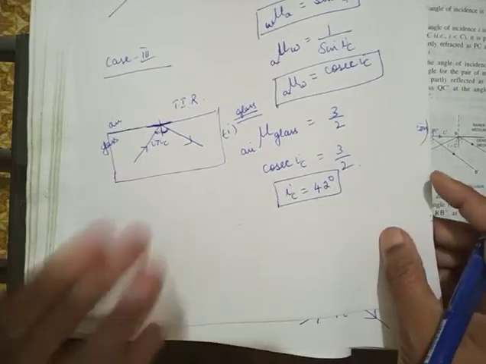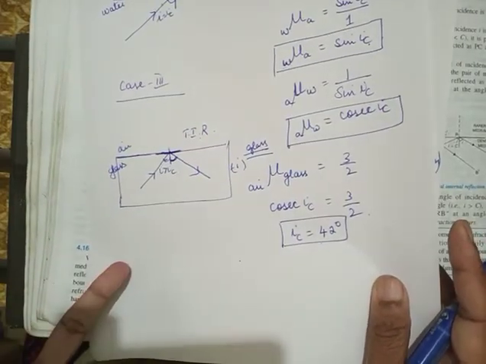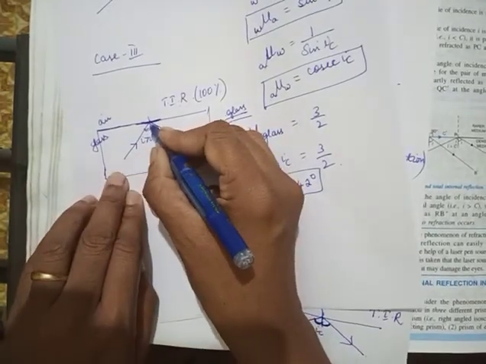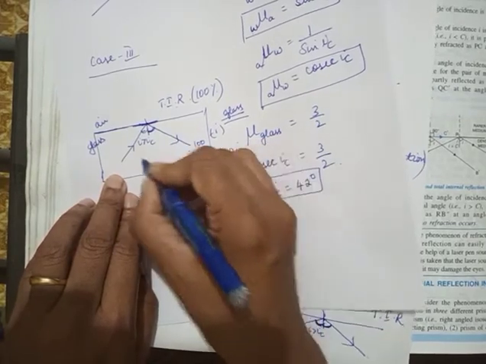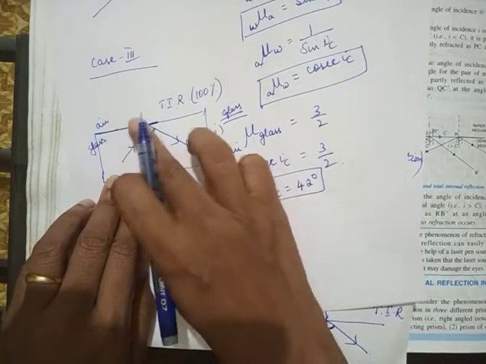Now, why do we prefer this? There is one great advantage of this reflection compared to ordinary reflection by a mirror. This reflection is 100%. All the incident ray is reflected; no energy gets absorbed.